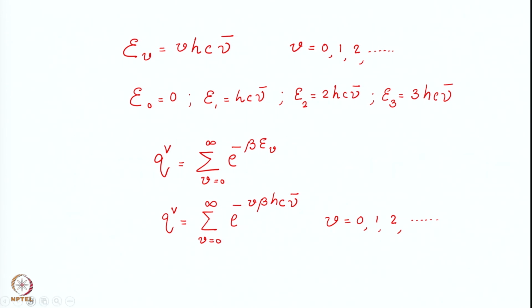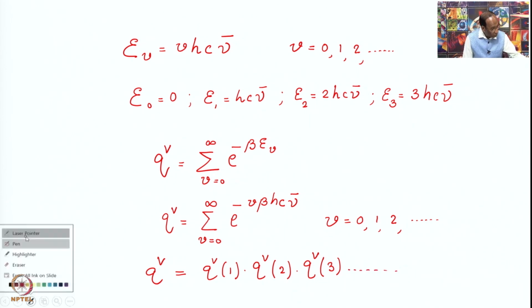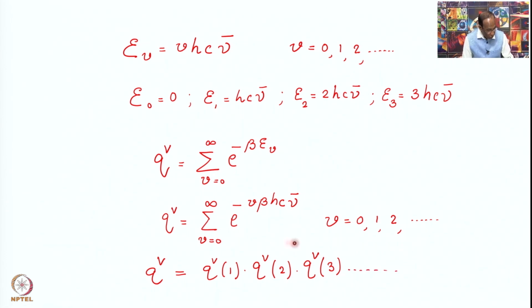The overall vibrational partition function will be the product of the contribution due to the first normal mode, into that due to the second normal mode, into that due to the third normal mode, etc.